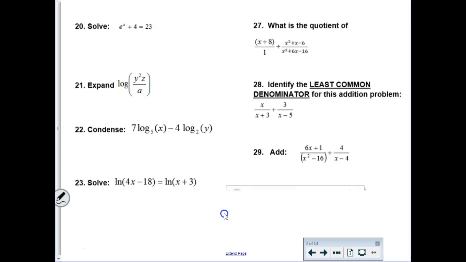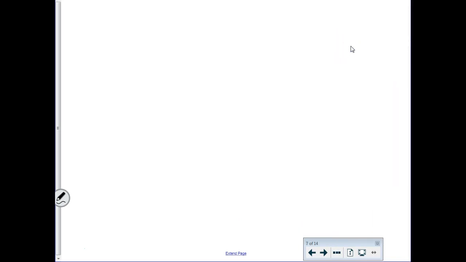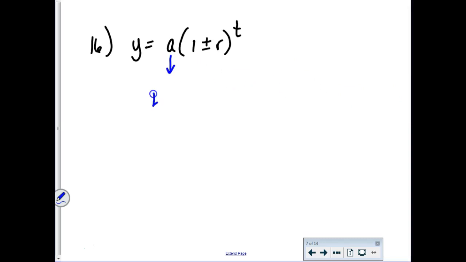Same thing with the next question, where it's the hotel price question. Again, I'm giving you a formula, but you do have to kind of know how to use this one, because the formula says it's a times 1 plus or minus r to the t power. So this is a question where it says in 1980 the hotel room costs $48. So that's what we put in place of the original amount.